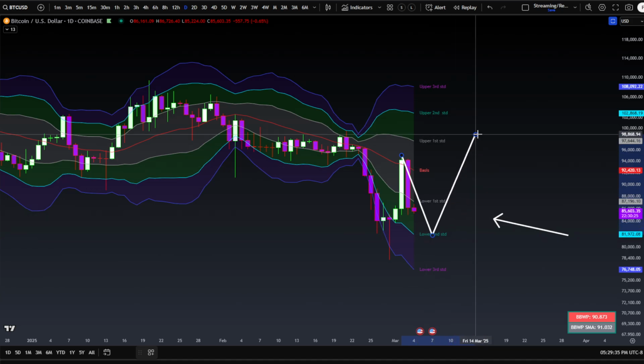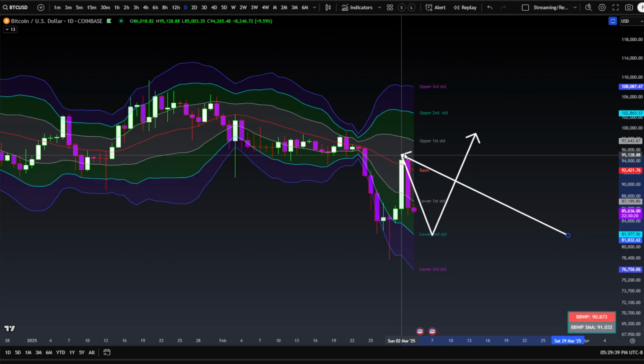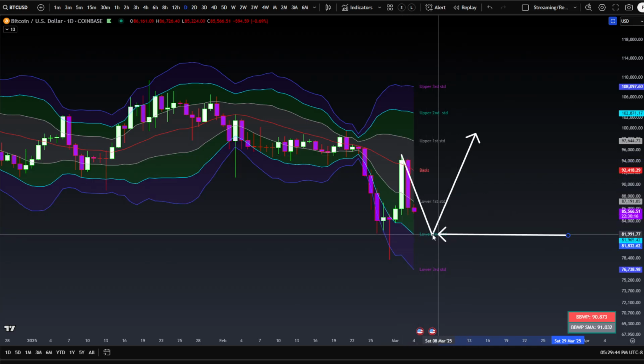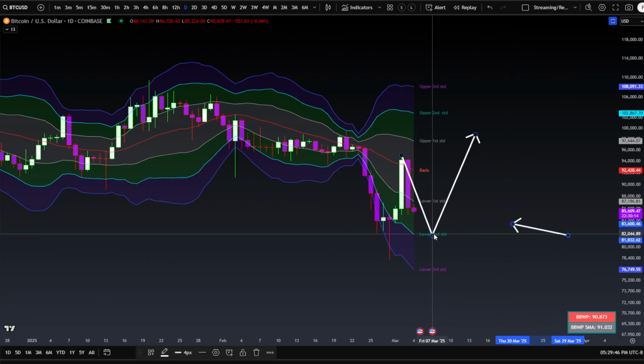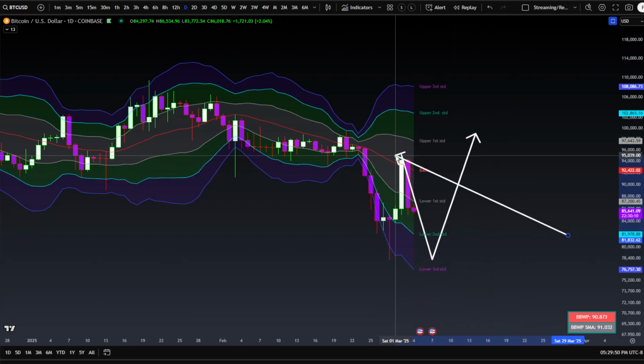And bulls want to see the $95,000 area taken out. That would be a trend break. We would have a higher low swing, or we can look for equal lows. Now, in the case of equal lows, we still need Bitcoin to break the downtrend by closing above 95,128 at this point, right?